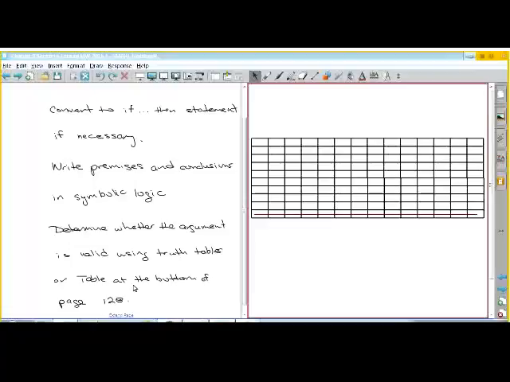If it's one of the standard arguments, you can just use that table and say it's a standard valid argument. I'm done. Or if it's not one of the standard arguments, then you can do a truth table and see what you get. And if you get all trues at the end, then you say it's a tautology, therefore the argument is valid. There's my table. I knew I had it somewhere.